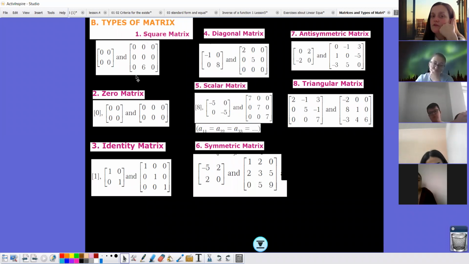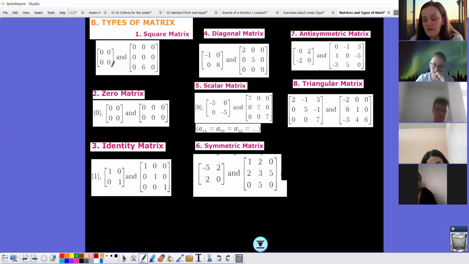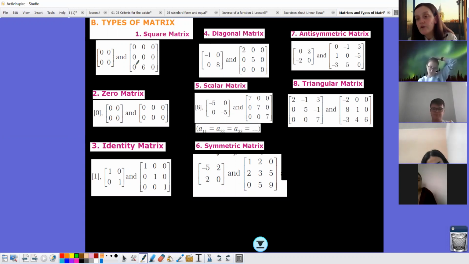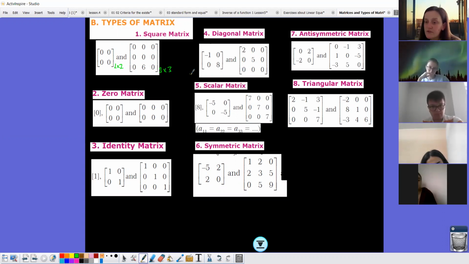The dimension will be 2 by 2, 3 by 3, 4 by 4, 5 by 5. So in a square matrix, the number of the rows and the number of the columns will be the same. This is 2 by 2, this is 3 by 3, so you may have 4 by 4. These kind of matrices are square matrices.